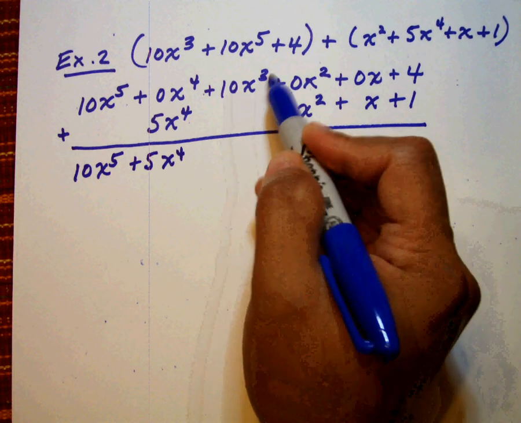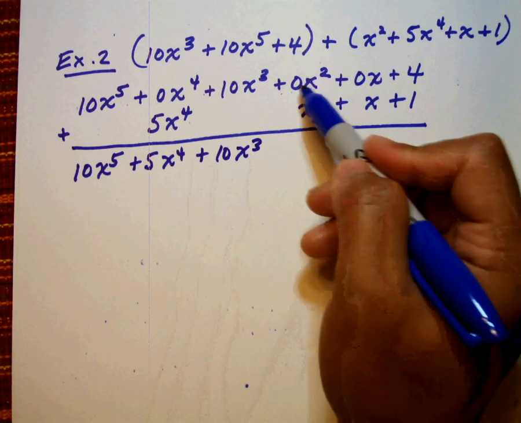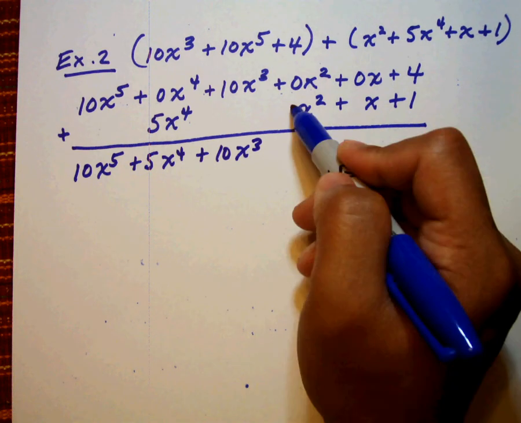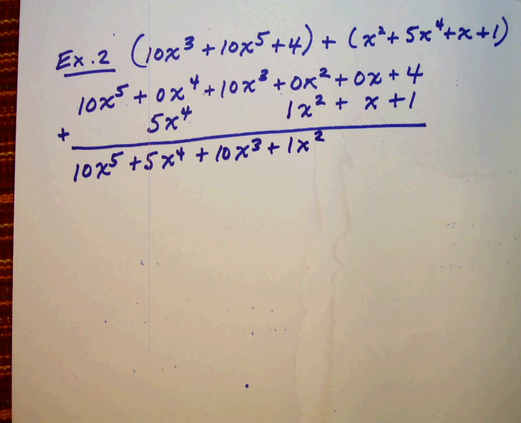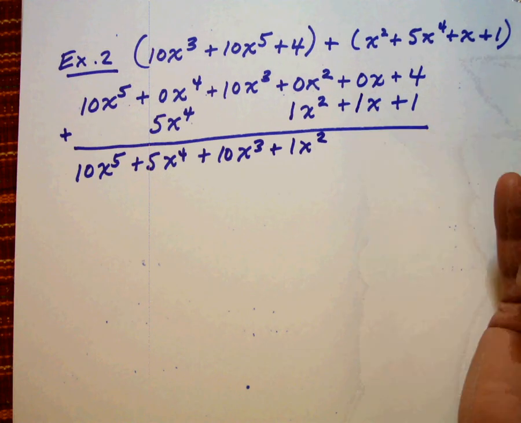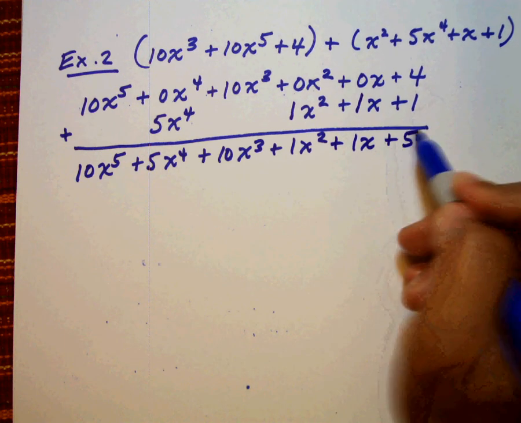Then 10x to the 3rd plus 0 is 10x to the 3rd. Then 0x squared plus x squared. This is an imaginary 1, so this would be 1x squared. 0x plus x, that's the same thing as imaginary 1x, and then 4 plus 1 is 5.